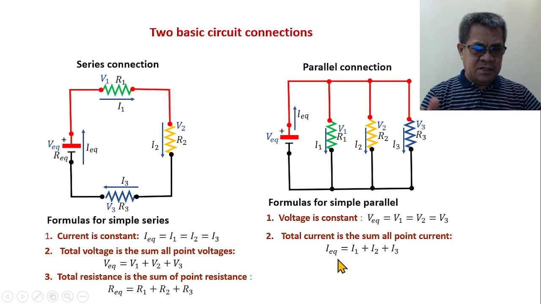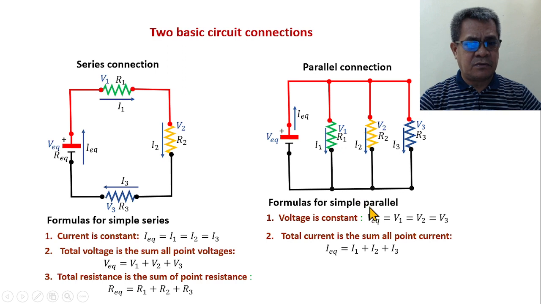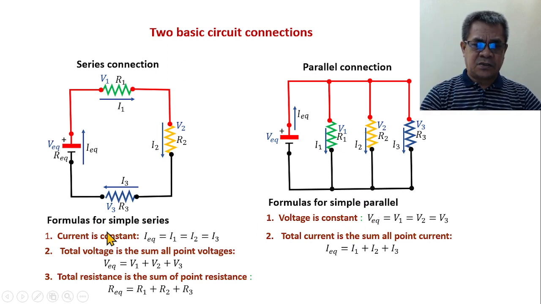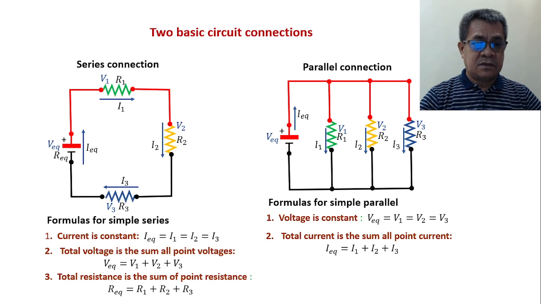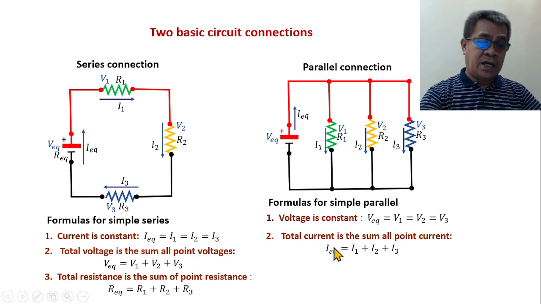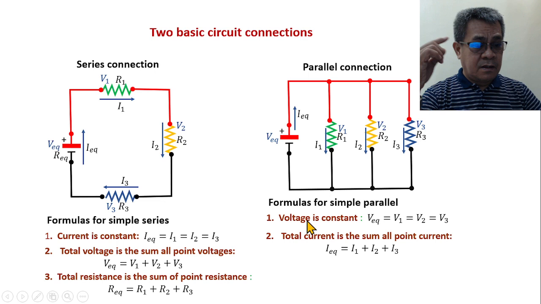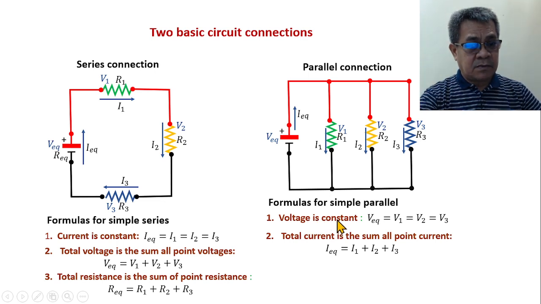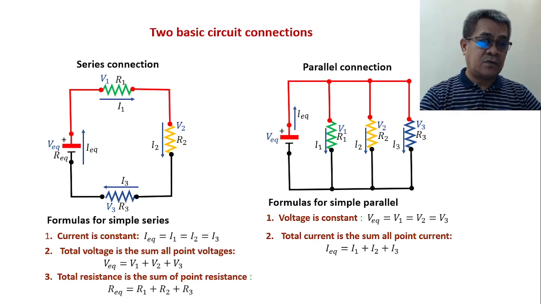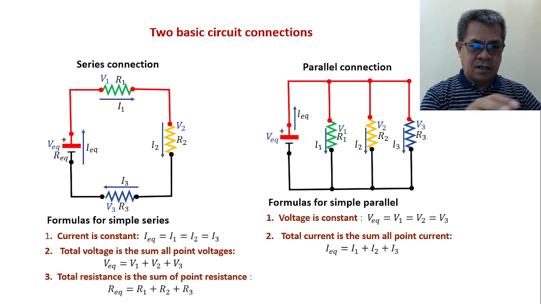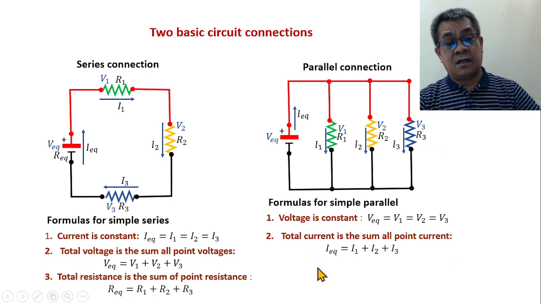So you can see the difference between the simple series and simple parallel. In series, take note, current is constant. The voltage accumulates, meaning V1 plus V2 plus V3 equals the equivalent voltage. While in parallel, the constant is voltage, while the current accumulates, meaning the individual currents within the circuits, you must take the sum, and the result is the I equivalent.